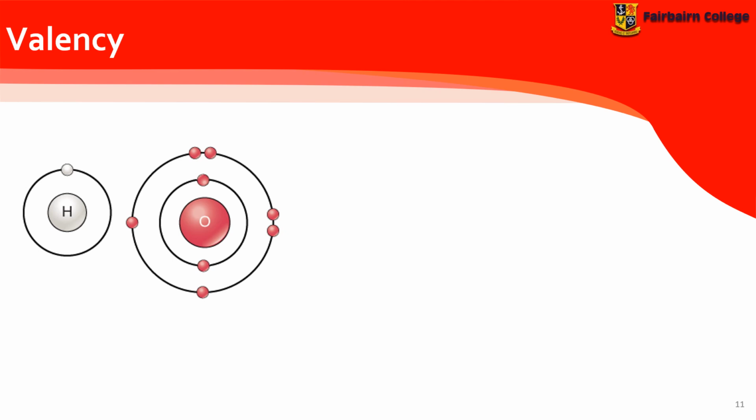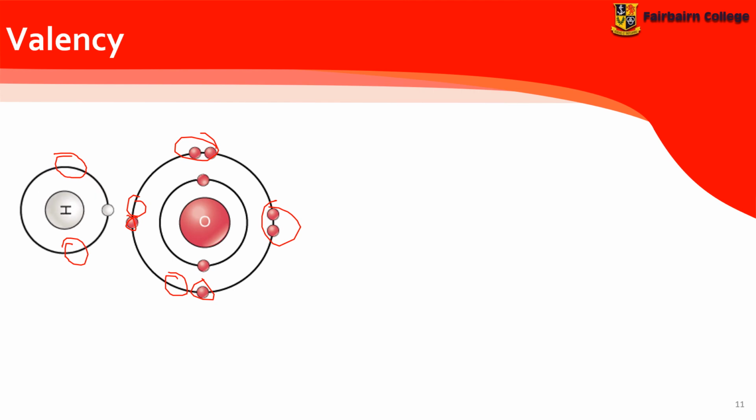So let's look at this simple example of the formation of water. Oxygen has 6 valence electrons, meaning it still has 2 spaces open for electrons. So it has 2 binding sites where something can bind to the oxygen. While hydrogen has 1 valence electron and 1 open space. So if hydrogen were to bind with oxygen, then it will only fill 1 of the binding sites.